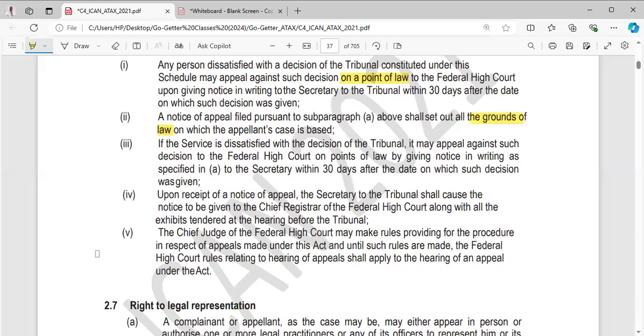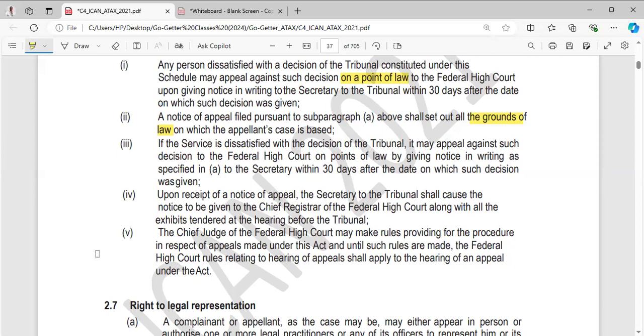We are pursuing it further to the High Court. The secretary will give every exhibit it has collected to the Chief Registrar of the Federal High Court. So it is out of the hands of the Tax Appeal Tribunal. It is now a case in the courts.